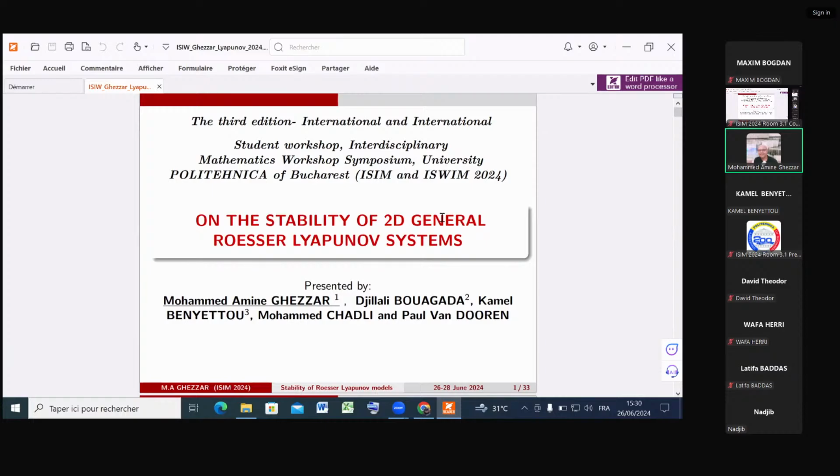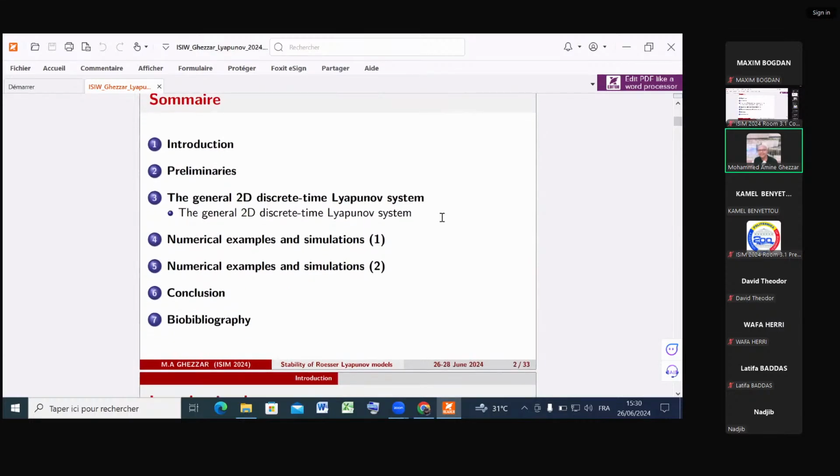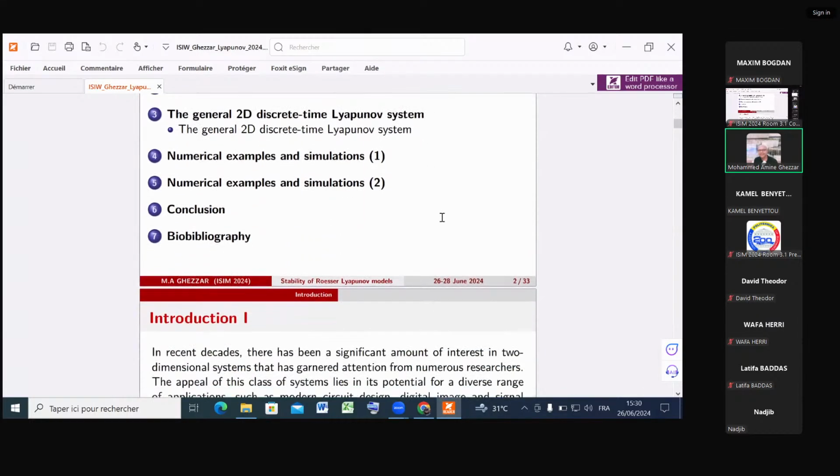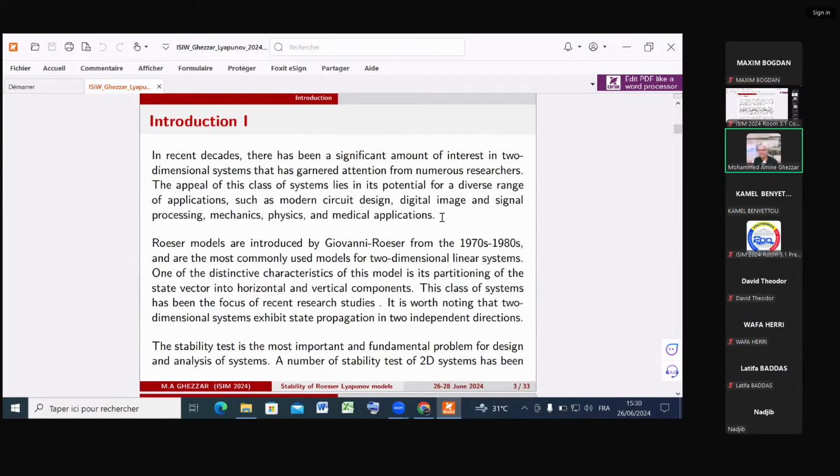Before we state some introduction for those systems: they appeared in the 1970s and 1990s from Giovanni and Rosa.